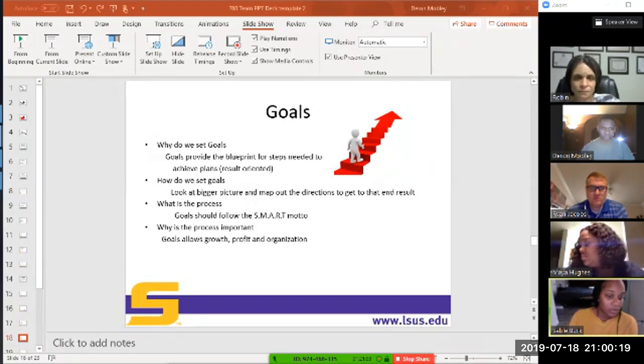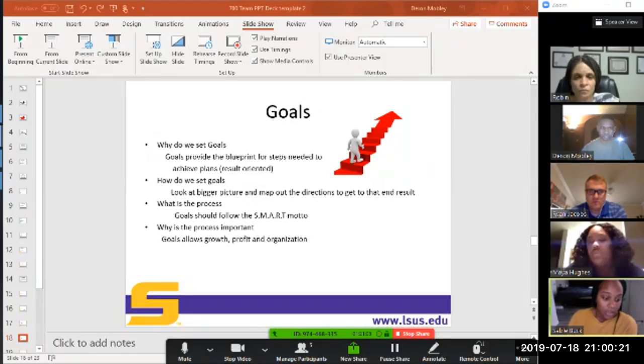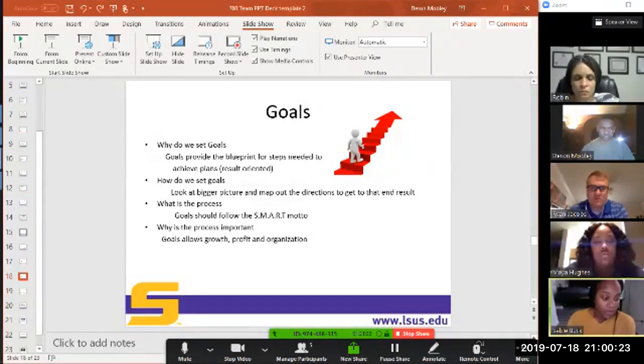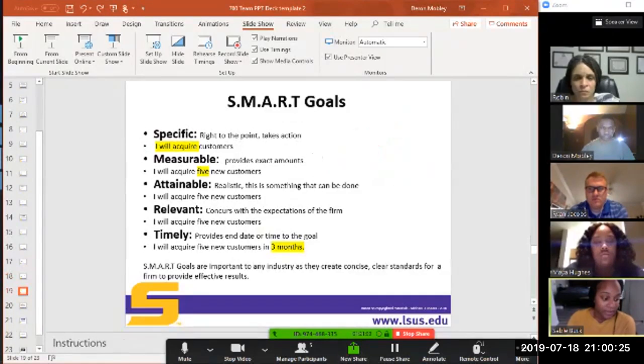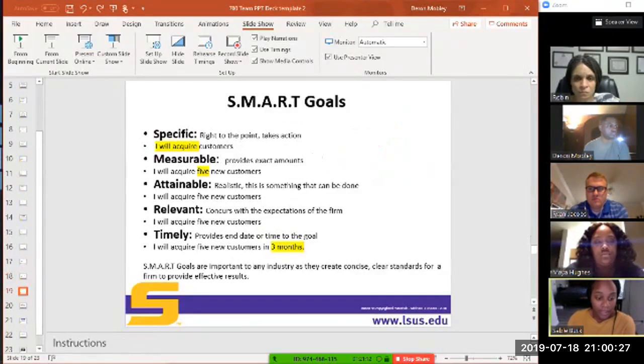So SMART goals are goals that are specific, measurable, attainable or achievable, relevant, and timely. Specific, they get right to the point.